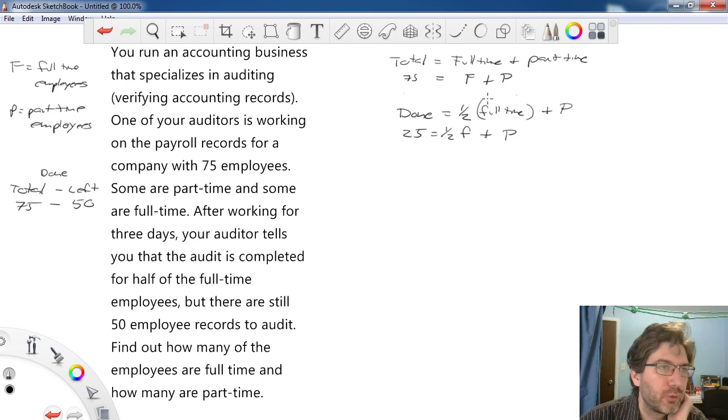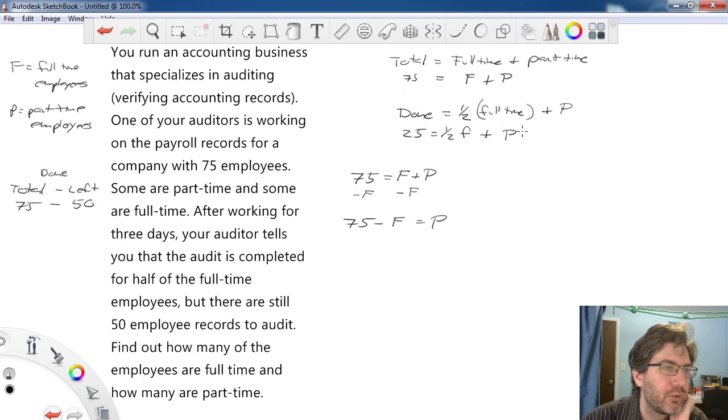We're going to solve for P for one of them. Might as well do it for this one. So we have 75 equals F plus P. Subtract F from both sides. So 75 minus the number of full-time employees is going to equal the number of part-time employees, and that makes sense. You also have the equation over here.